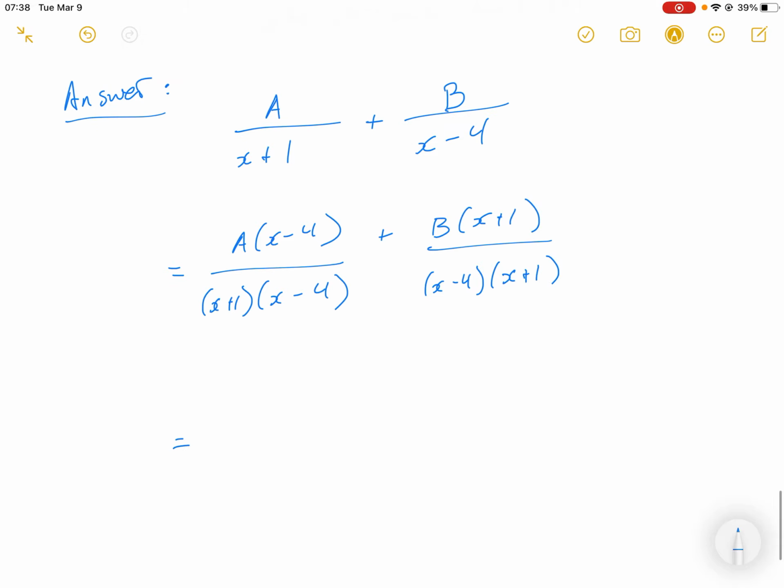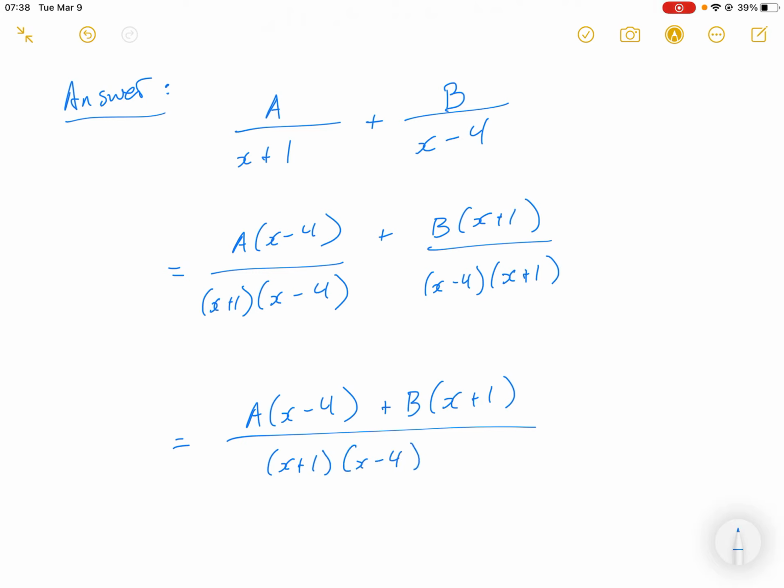And then I would add these up. So I'm going to have A times x minus 4 plus B times x plus 1 all over the common denominator. And at this point, we're going to pause and say, now I know this does have to actually equal 3x minus 37.